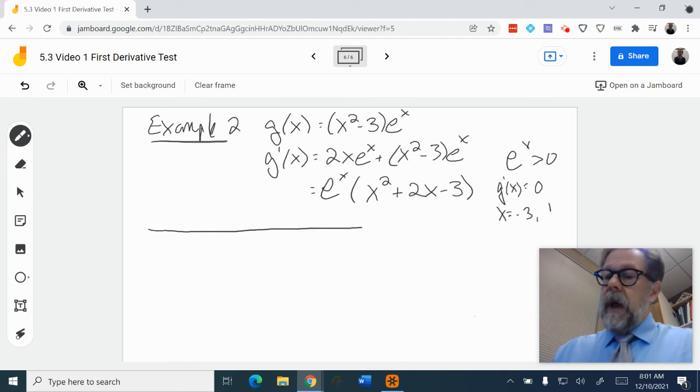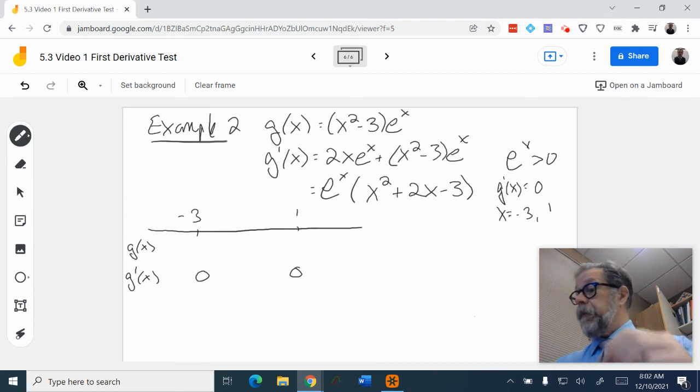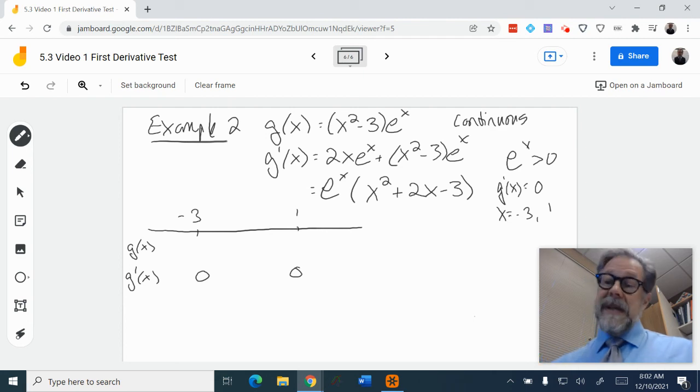I'm going to draw my number line, negative 3, positive 1, g of x, g prime of x. There are my zeros. And again, I know that there are no does-not-exists because both of these functions are continuous and differentiable, which means that their product is continuous and differentiable. So now, a little bit tougher here. I'm going to have to play around a bit to figure out where the derivative is positive and negative.